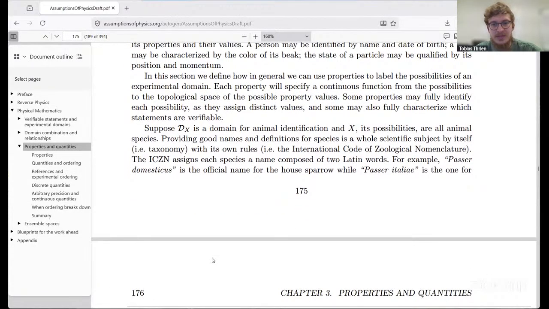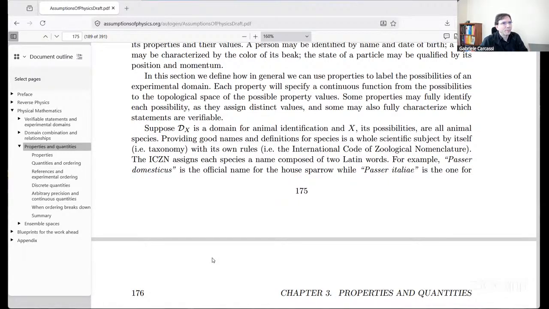The possibilities are a subset of, well, all statements, and they have just a subset topology? No, the possibilities are the set of cases that the verifiable statements can distinguish within a domain.